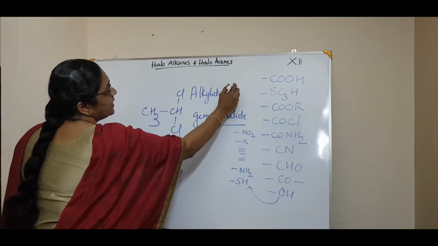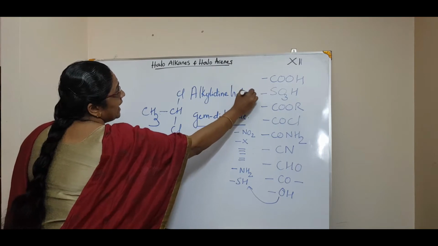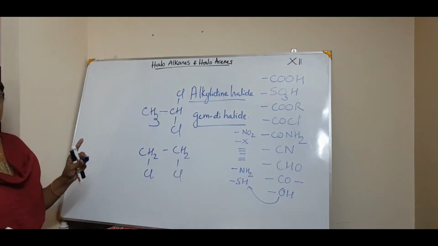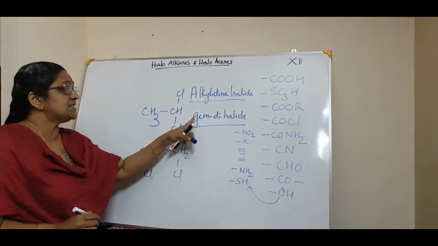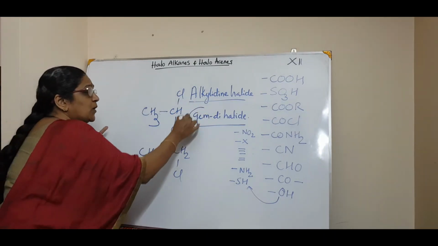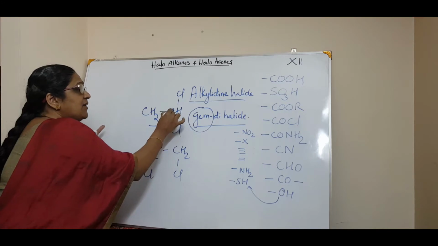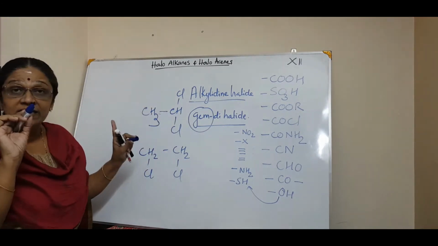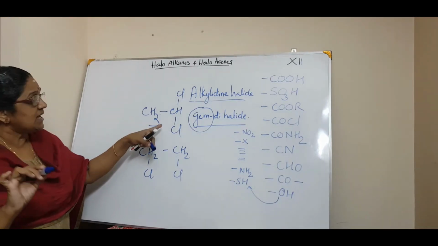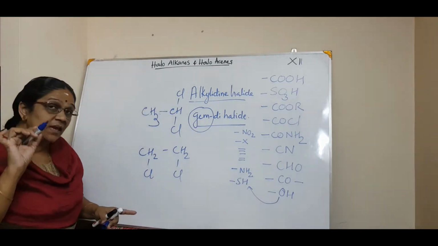So the common name is alkylidene halide. So this must be the name of this gem dihalide. Gem means the halogen atoms are on the same carbon atom.